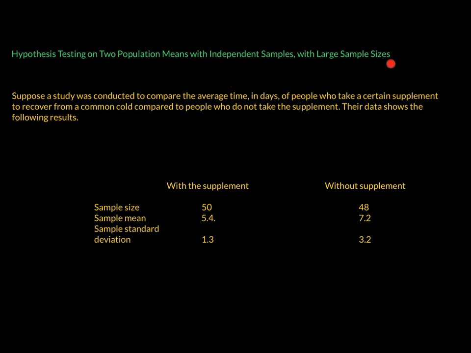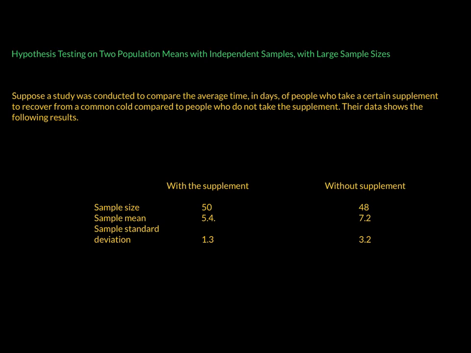Whereas for the large sample sizes, the sample size for the first group is 50, while the other group is 48. And we said earlier that by convention, or at least what we will consider here, is that n must be greater than or equal to 30. And clearly 50 is greater than 30 and 48 is greater than 30.